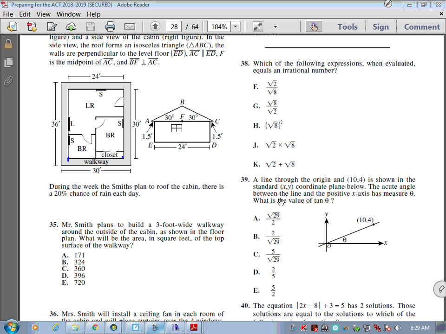What were you guys' answers on that? 396? Yeah, 396. Okay, and how did you end up kind of overlapping at some point there, or what did you do differently? 30 times 3 and added it to 36 times 3. Okay, so technically 396, you said you took 30 by 3. Okay, so yeah, if you do that, you are overlapping.